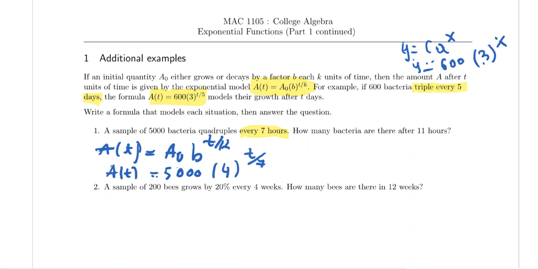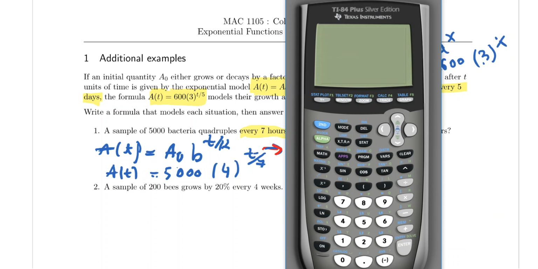It says, how many bacteria are there after 11 hours? Well, you're simply going to plug in 11 for t. So to get the answer, the amount after 11 hours is going to be, let's put it in the calculator, 5,000 times 4 to the power 11 over 7.